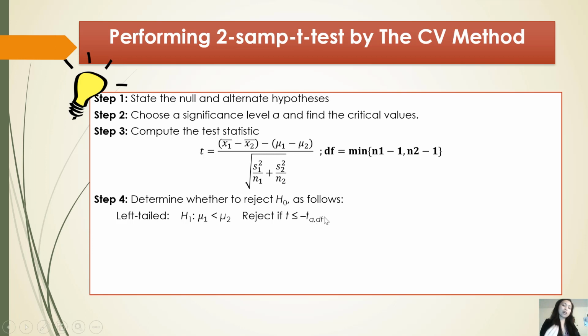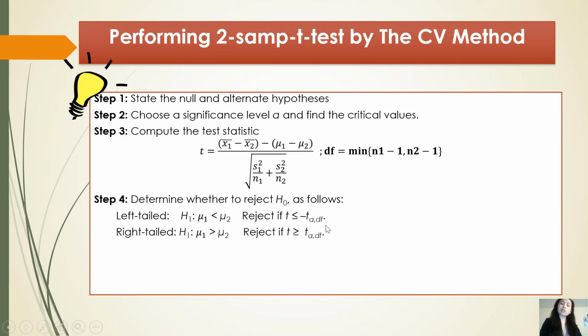That means we have an area of alpha on the left tail of the picture, and the critical region is on the left of the critical value. So if the test statistic falls into the critical region, we reject the null hypothesis, and it means that t is less than or equal to negative t alpha, df.